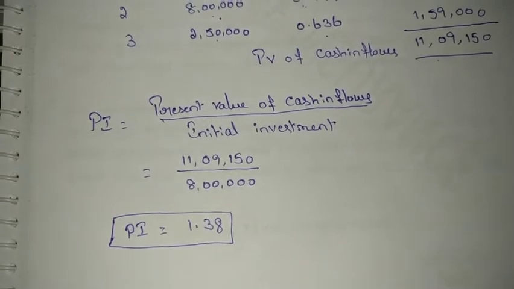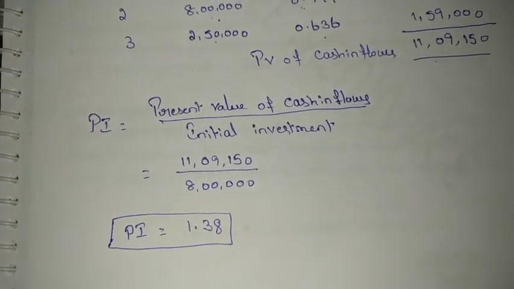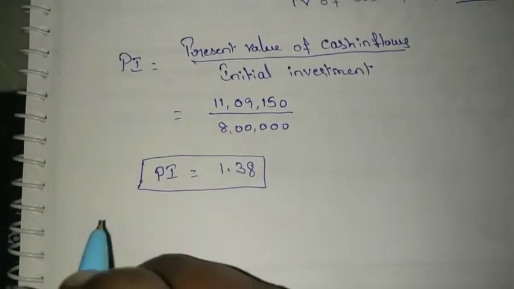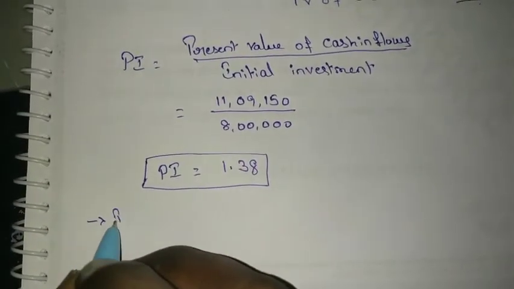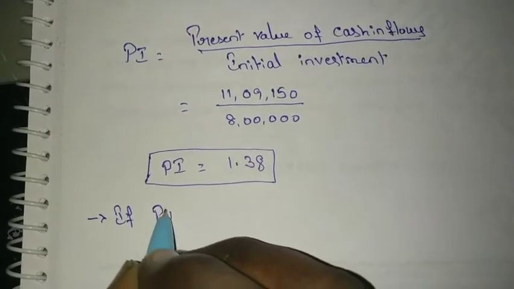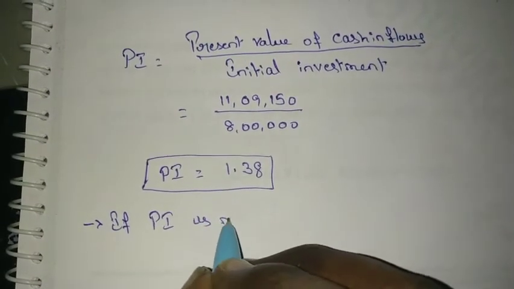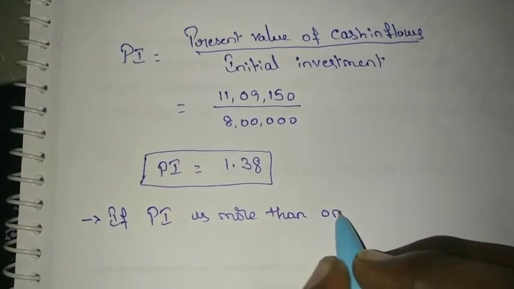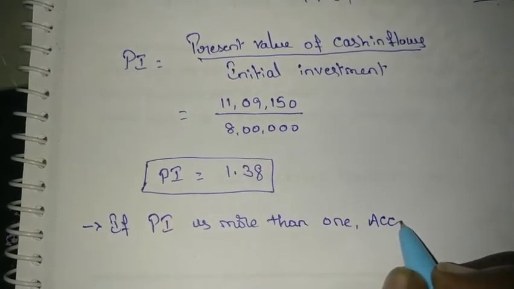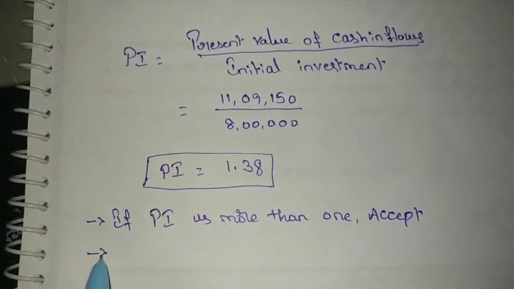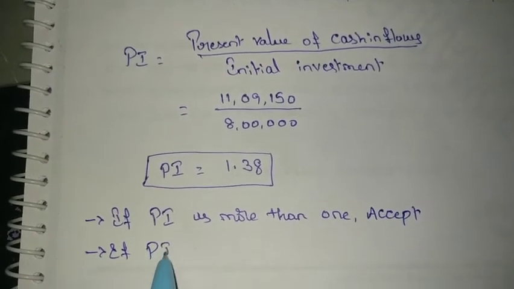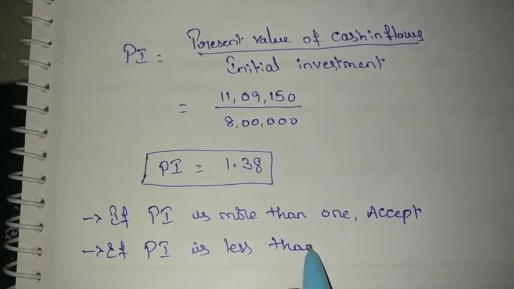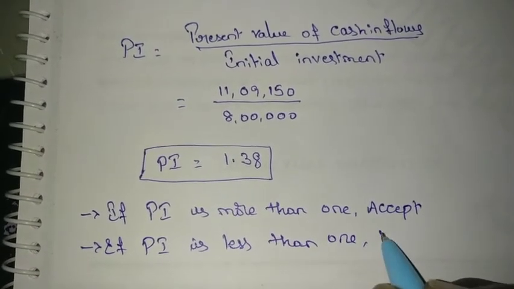If profitability index is more than 1, accept the project, and if profitability index is less than 1, reject the project.